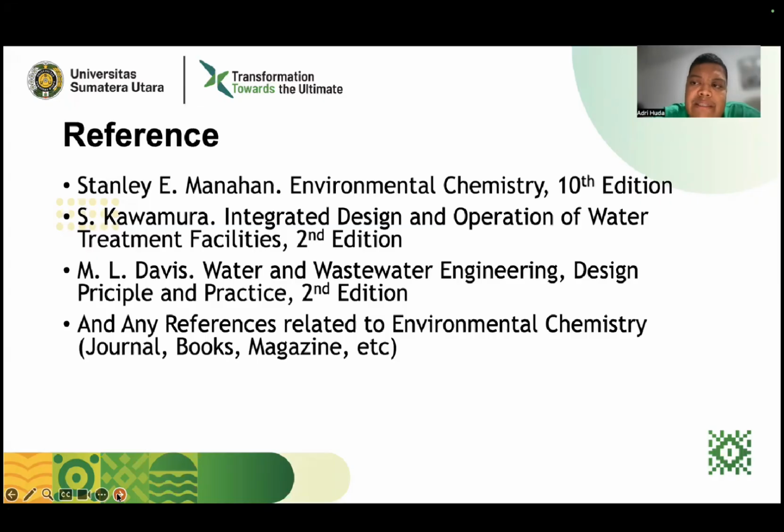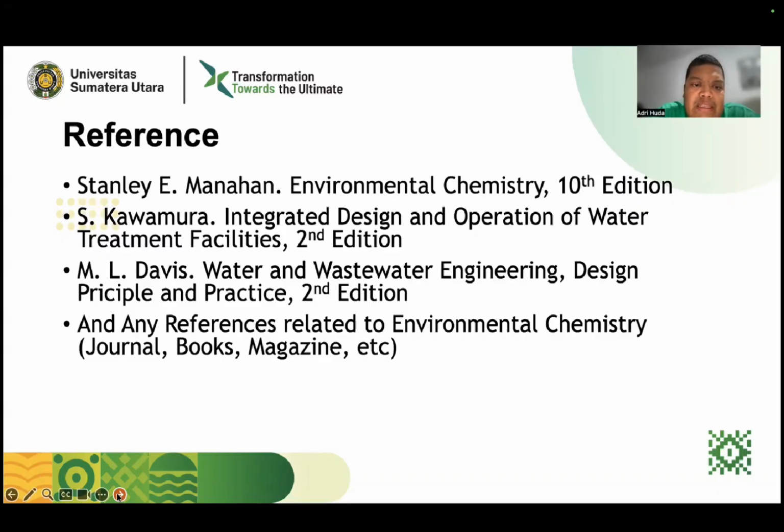Talking about the references that we will use during the course, you have the freedom to choose any reference related to environmental chemistry. However, there are some books commonly used during the course that we will usually get the material from. For example, Stanley Manahan, Environmental Chemistry, the 10th edition. You can get the previous edition if you can find it online.